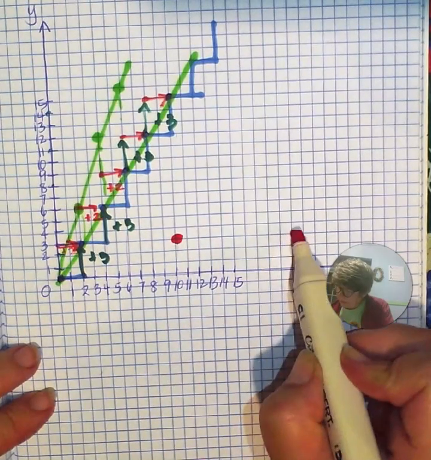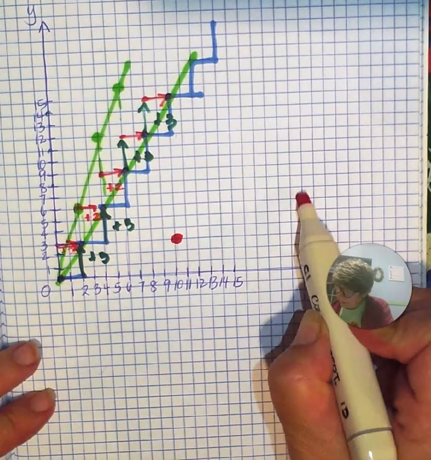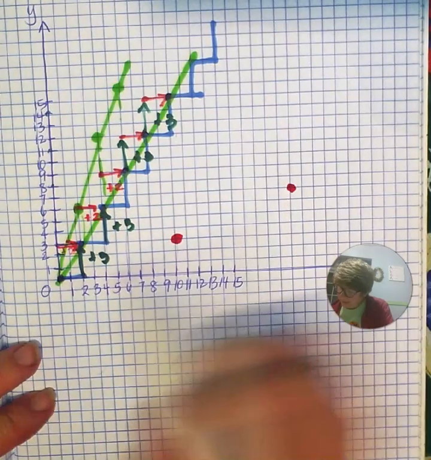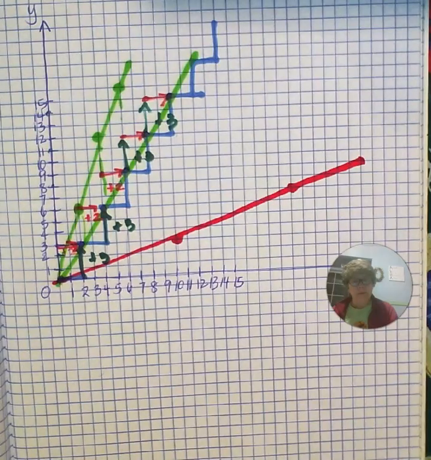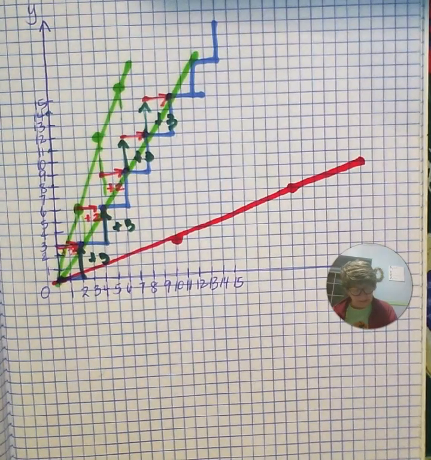I'm just going to estimate here. 10 up by 3. So that line would be less steep. Yeah? Interesting to think about the differences in the patterns and how different patterns affect the locations of points on a coordinate plane, right? The pattern on the y-coordinate tells us how many we're going to be moving up, and the pattern in the x-coordinate is telling us how many we're moving to the right.